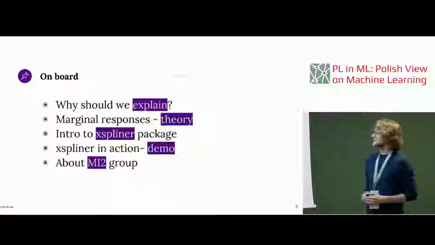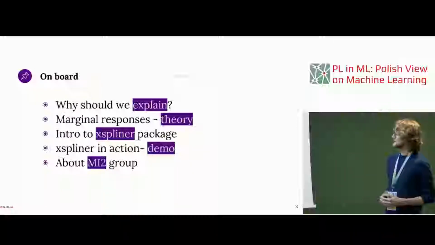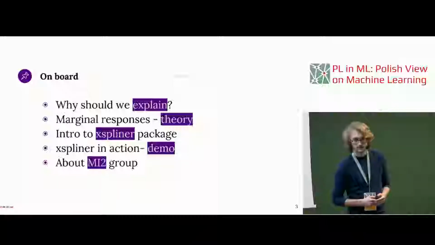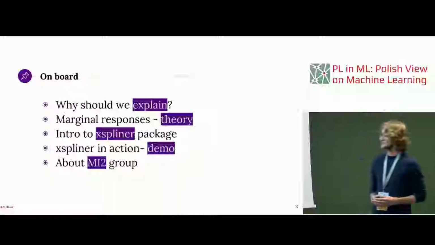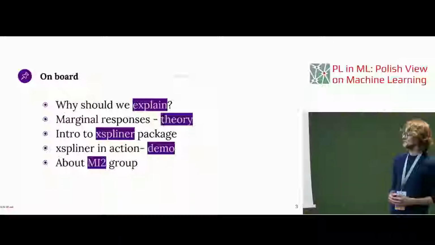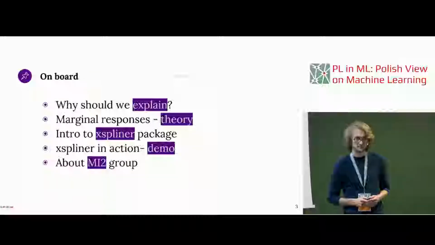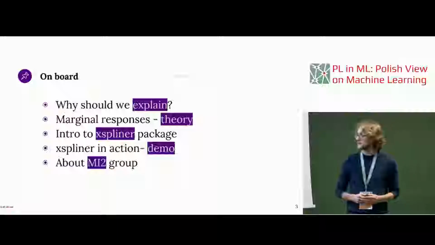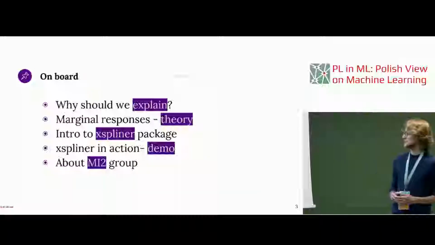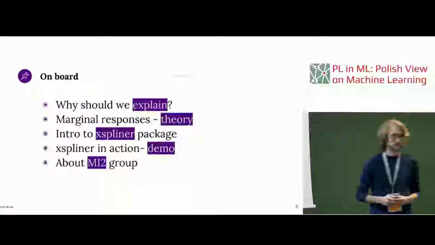The next part is the theory about the solution that I prepared. After that, I will tell you something about the implementation of this solution, called the xspliner package, and show a small demo about it. And after that, I will tell you a bit more about the MI² group.